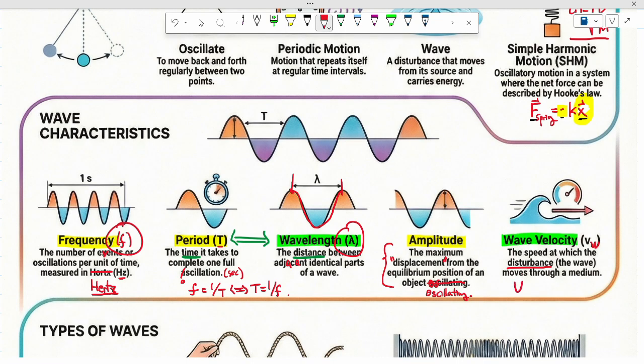The wave speed is equal to frequency times the wavelength. And when you work out the units, the velocity should be in meters per second. Wavelength, being a length, should be in meters. And frequency, being the reciprocal of period, time, should be in 1/seconds.